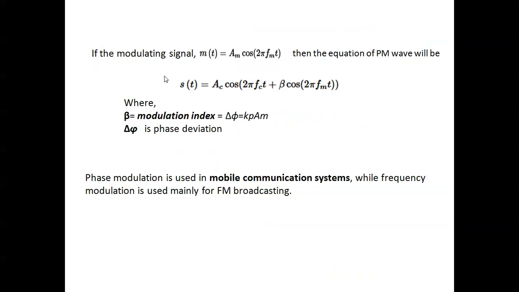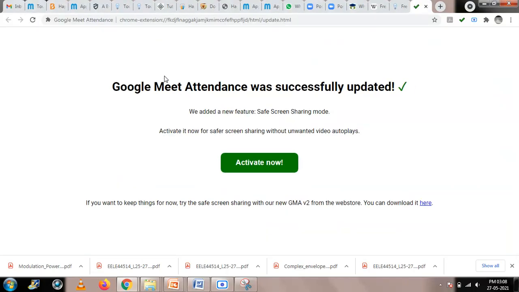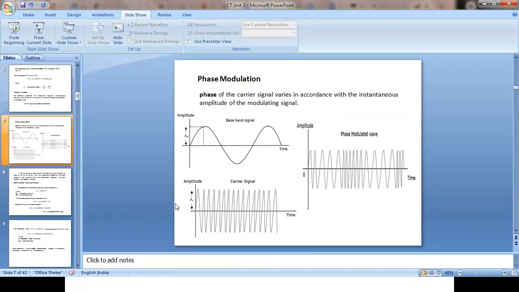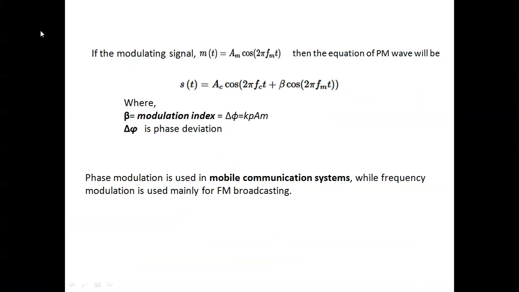Then the modulating signal m of t equals Am cos 2 pi fm t, and s of t equals Ac cos(2 pi fc t plus beta cos 2 pi fm t).